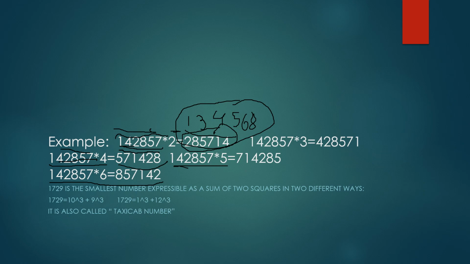However, if I multiply this number, 1 4 2 8 5 7, with, let's say, 7 or 8, then the resultant number won't be a permutation of the digits of this particular number.